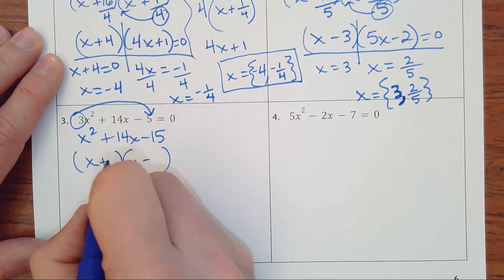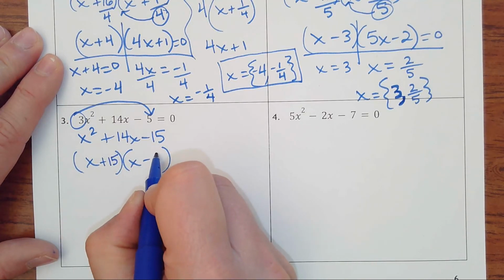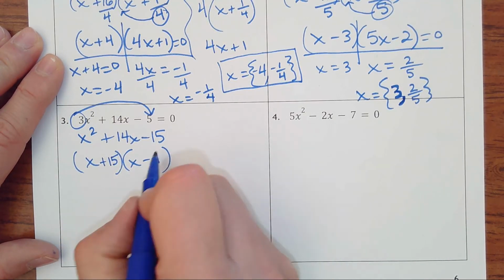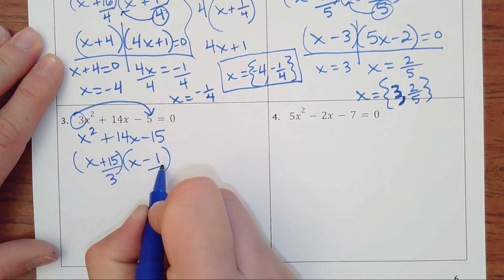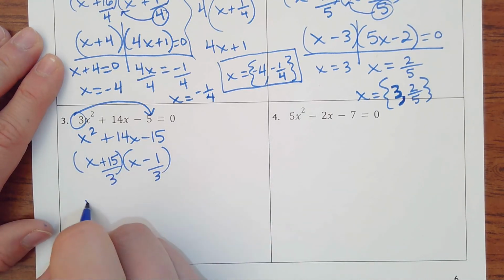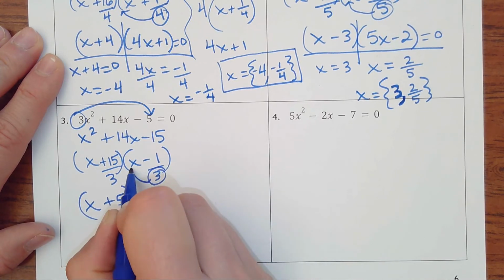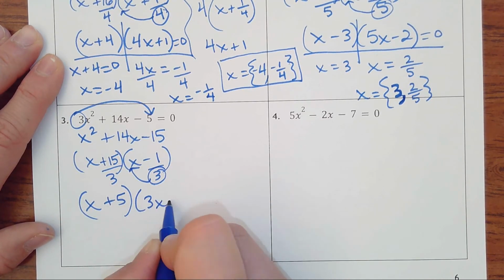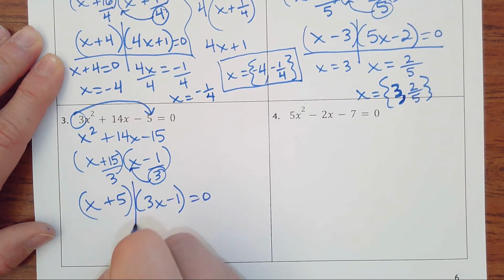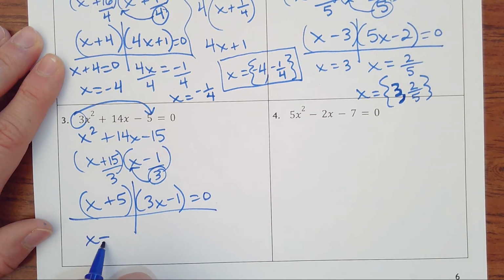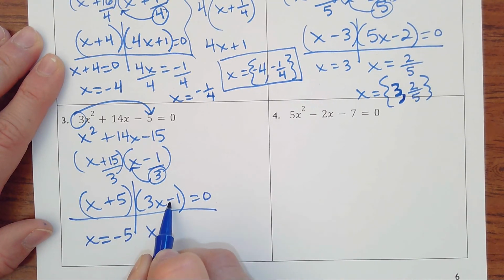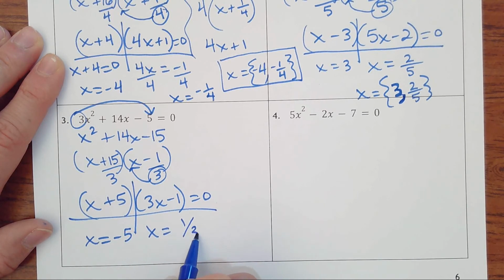I want more positive, so it'd be 15 minus 1 would make 14. Go back and divide by 3. 15 thirds divides to make 5. Slide the 3 up, you get 3x minus 1. So my answers would be negative 5, add 1, divide by 3, 1/3.